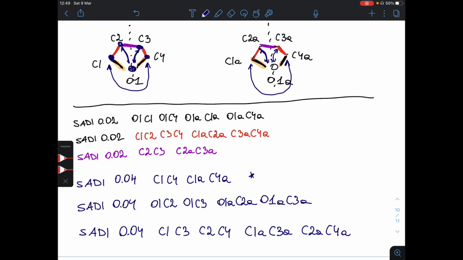We have three different sets of restraints for 1,2 distances, and three different ones for 1,3 distances. So that's again with SADI only.